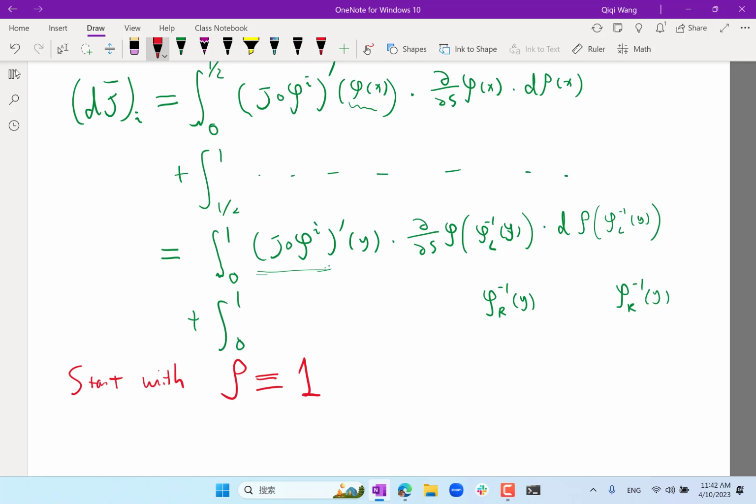The equilibrium density is equal to 1 everywhere. This is the case when we have an unperturbed sawtooth map, and for the unperturbed tent map, you also have rho equal to 1. This is the easier case, and later on we'll consider the additional term that comes into play when rho is not equal to 1.